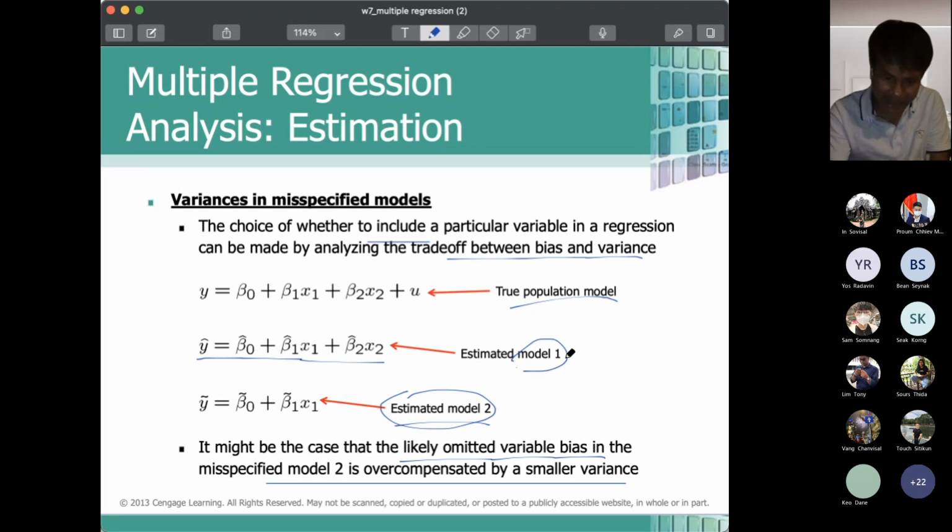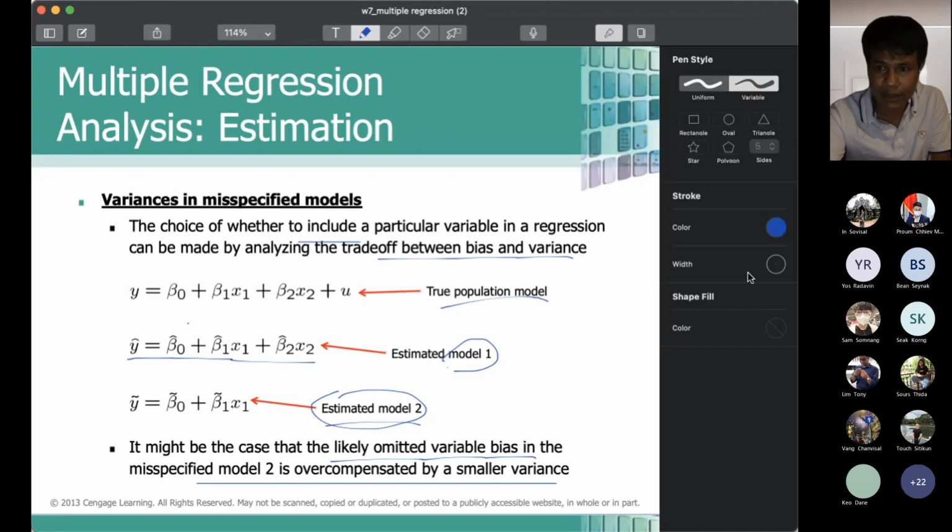All right. So with model 2, you obtain unbiased delta 1, but you obtain an imprecise, large variance of delta 1 hat.